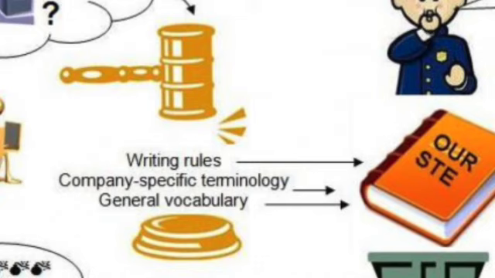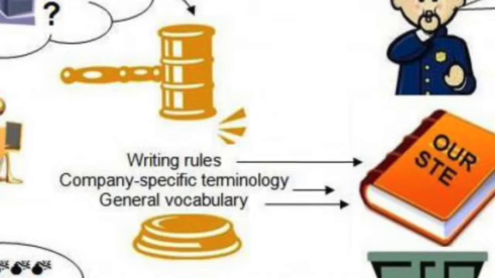Vocabulary basically is comprised of words that are common to technical documentation, regardless of industry. Terminology comprises words that may be different depending on the industry, company, product, and customer.